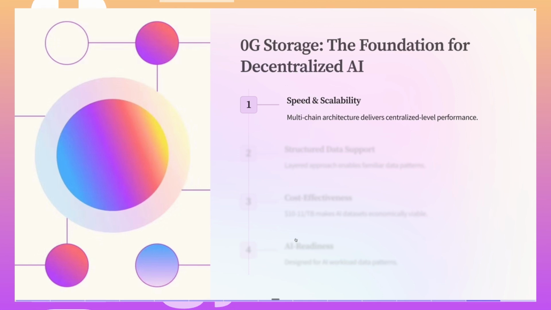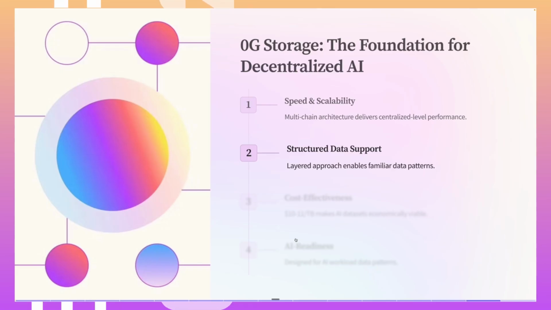So let me summarize things. 0G storage brings speed and scalability using a multi-chain architecture that delivers performance at a greater level. As I previously said, it is 40x faster than IPFS and 1500 times cheaper than Arweave. And we provide structured data support.